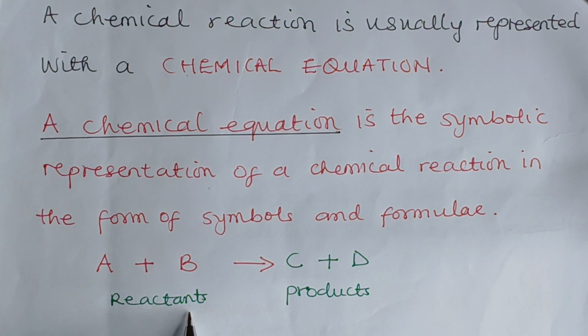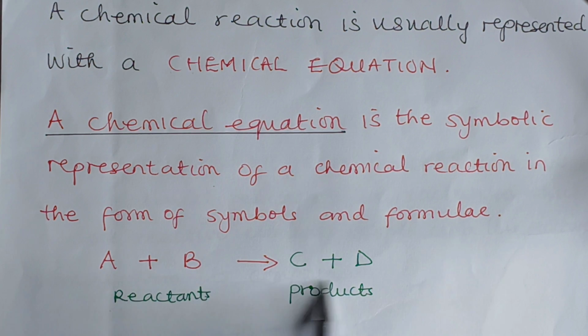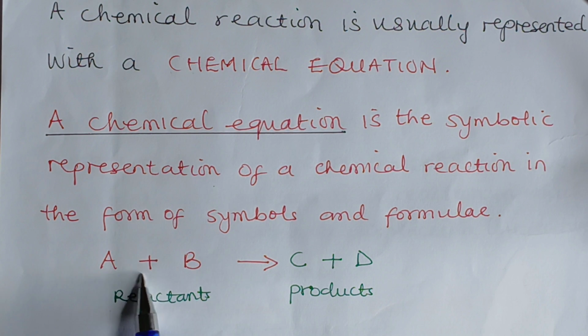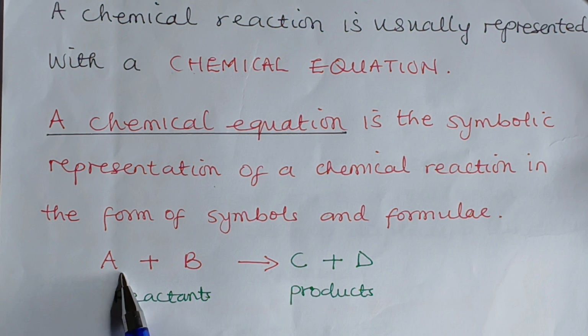So I'm going to be using a skeletal representation here, after which I move into details while explaining the types of chemical reaction. The symbols used here are not the actual symbols of elements. If A reacts with B to form C and D, the A and B are referred to as the reactants, while the C and D are referred to as products.